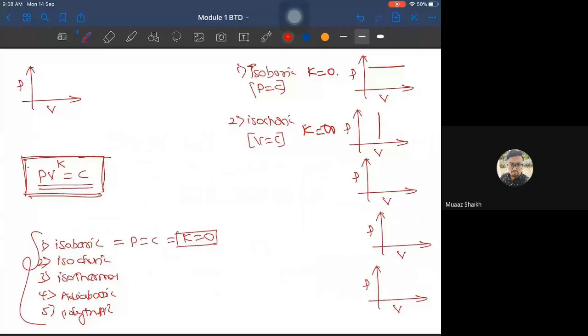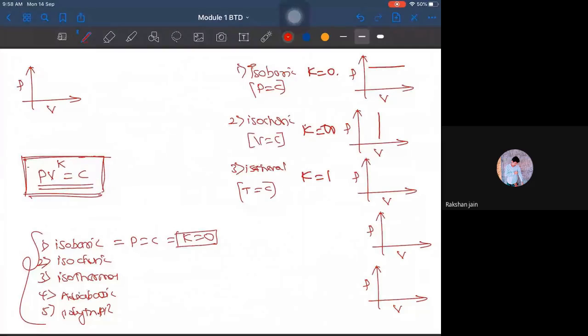And the third process is isothermal. In the isothermal process, which one is constant? Temperature. Temperature is constant. So the value of k for the isothermal process would be just 1. If you substitute k equal to 1, then it would be the isothermal process.